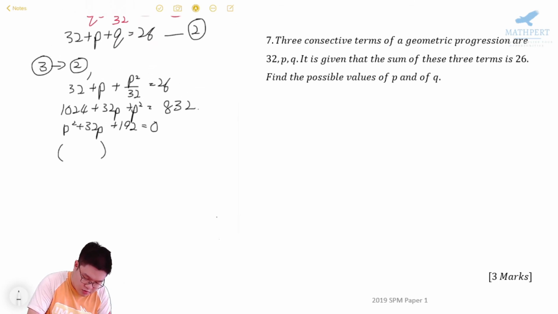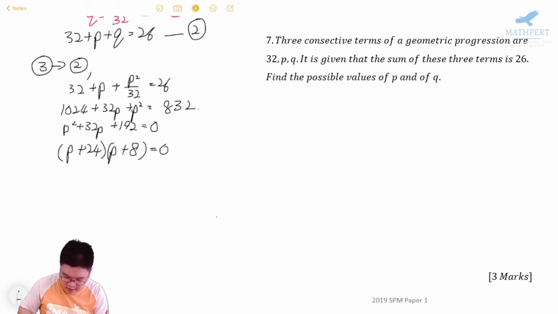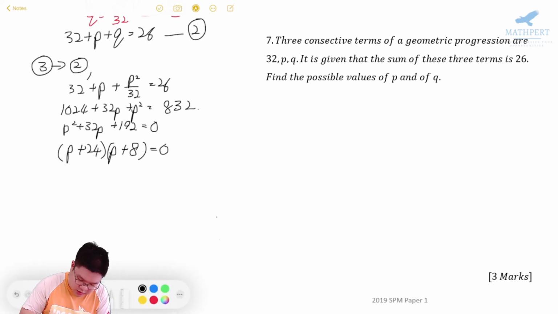Two brackets equals 0. So P, and I will use 24 and 8. 24 multiply 8, I'll get 192, which is correct. And then 24P plus 8P, I'll get 32P, which is correct.